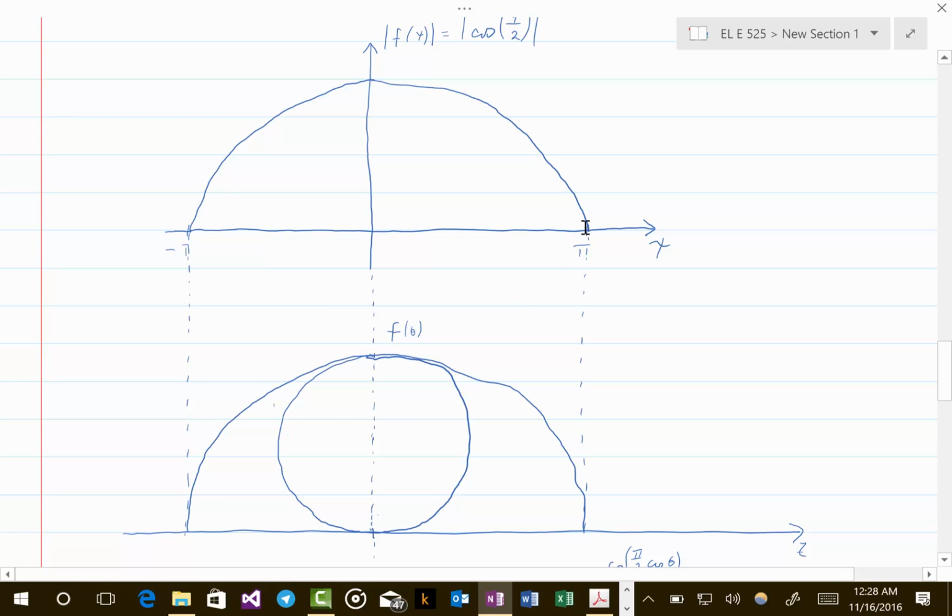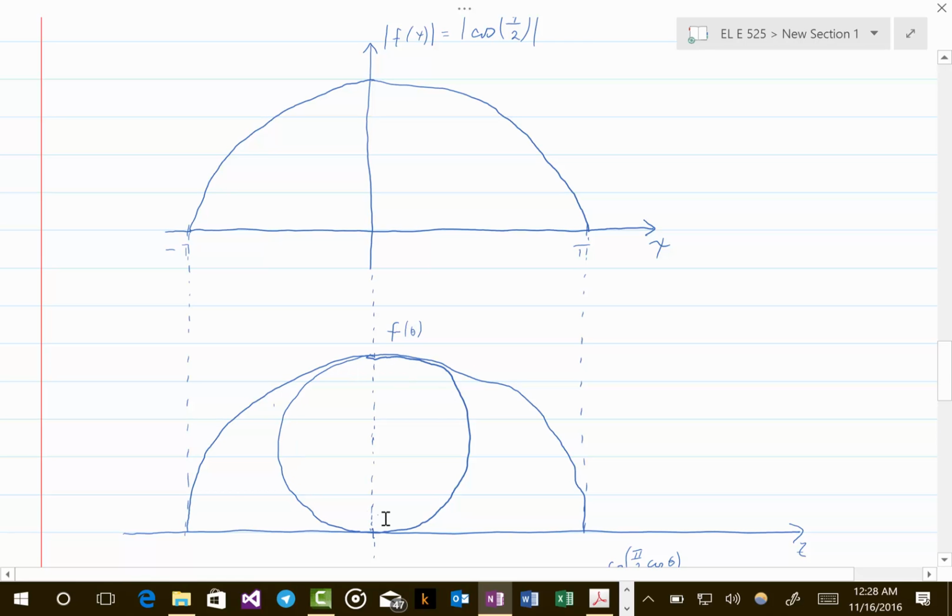On the other hand, since this plot up here goes to 0 at minus pi and pi, when we come down to those angles, this plot will go to 0. Either here at theta equals 0 degrees, or here at theta equals 180 degrees, the magnitude is 0.